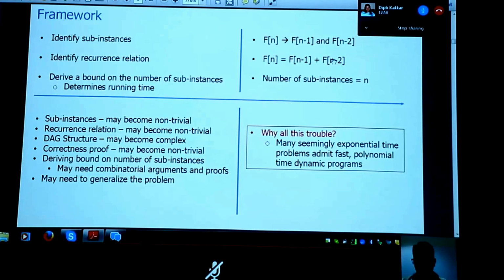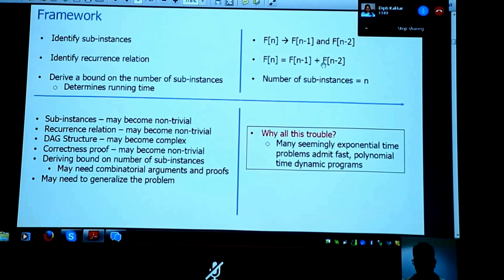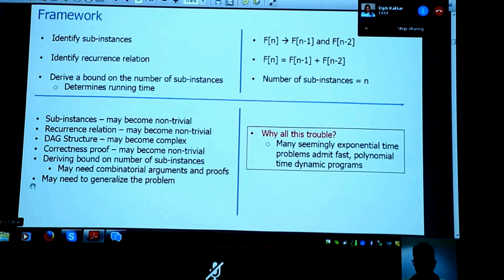The proof is trivial, because this is what the sequence wanted us to do, so we have just expressed it here. There is no need for proving that it is a correct program. But in general, it may need a proof to say that what I've done is correct. And finally, how many sub-instances there are may quite often be non-trivial, and may need some combinatorial arguments.